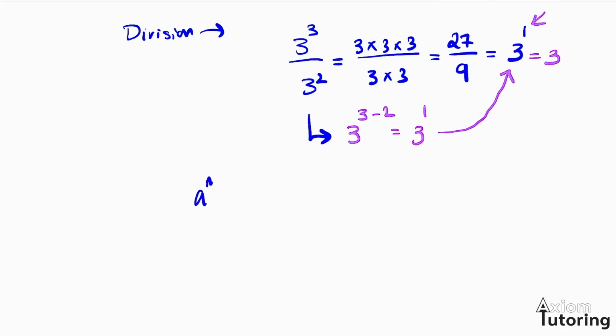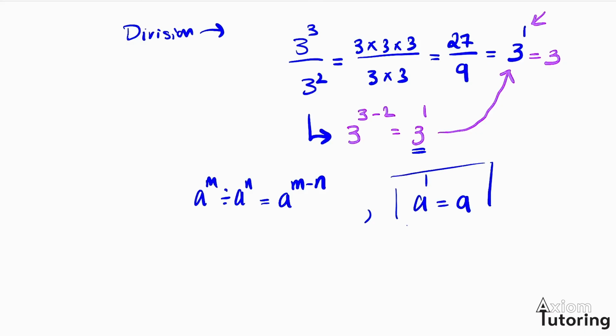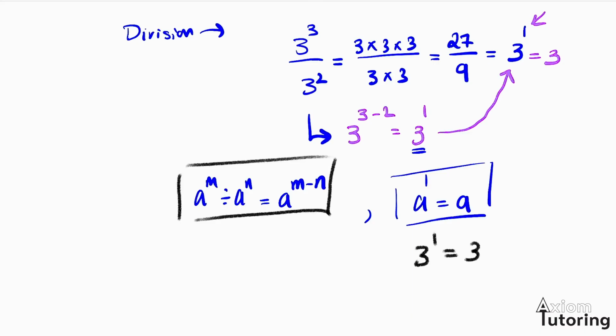One is that when you divide 2 powers with the same base, you subtract their exponents. And the second is that anything to the power of 1 is just the number itself. A to the 1 is a. 3 to the 1 is 3.